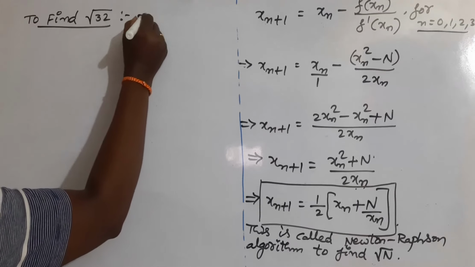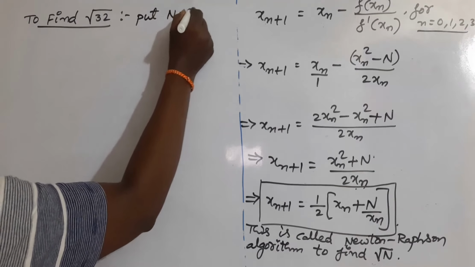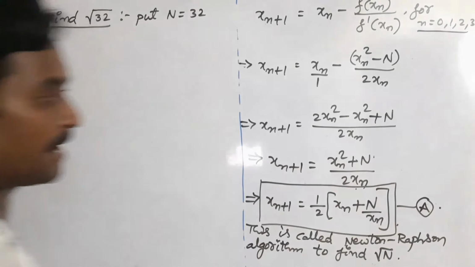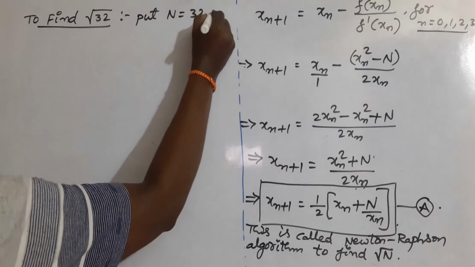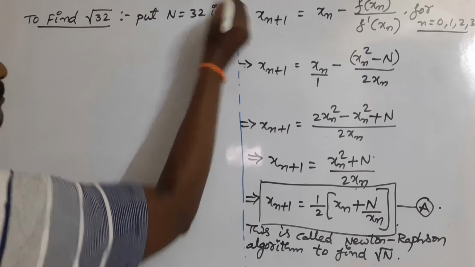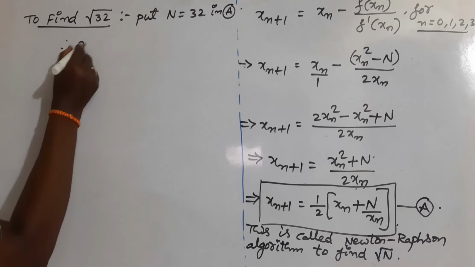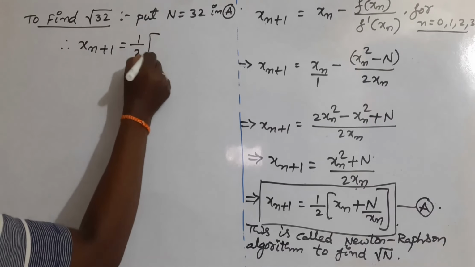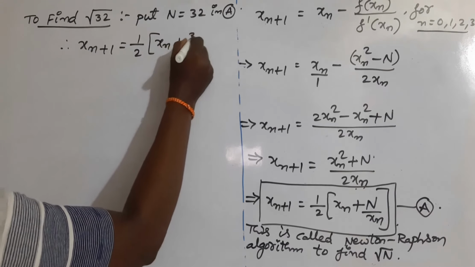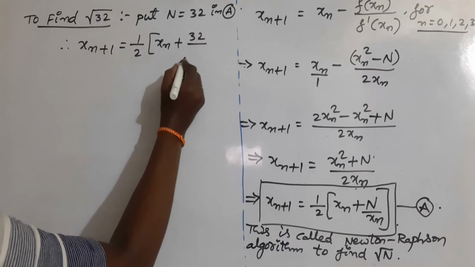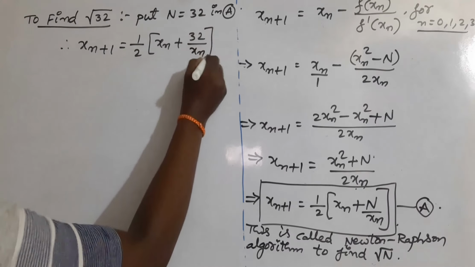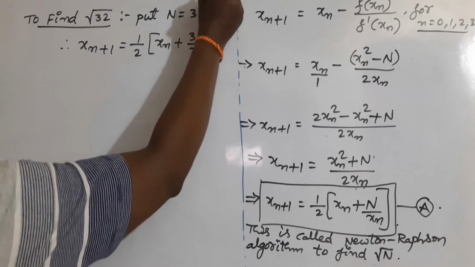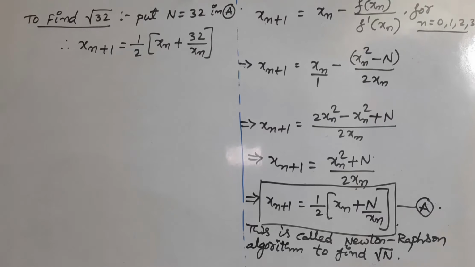So we have to replace capital N is equal to 32 in this algorithm, capital A. So you will get x n plus 1 is equal to half into x n plus 32 over x n. Suppose we are going to find root over 17, then you should replace N is equal to 17.